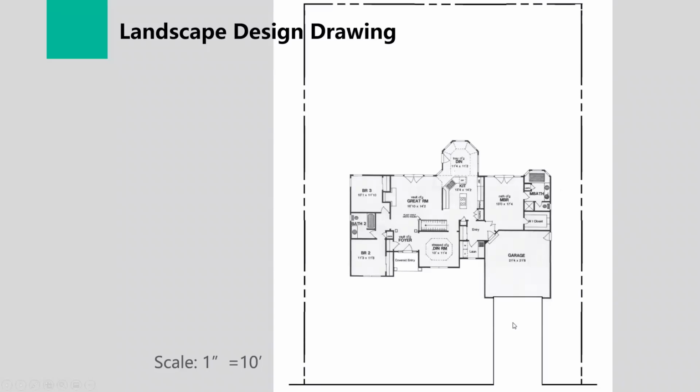As you can see, there's a garage, a dining room, a great room, another small dining area, the kitchen, a master bedroom, bedroom 3, bedroom 2, etc. And this is the main entrance of the building. So that's how you read this plan. If you request the plan from me, you're able to see the north arrow and the scale listed on the drawing as well.